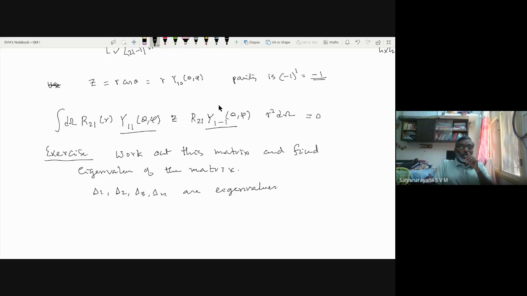Then your perturbed energies E, in this case E2 will be equal to E2 of 0 plus delta I, where I is equal to 1 to 4.